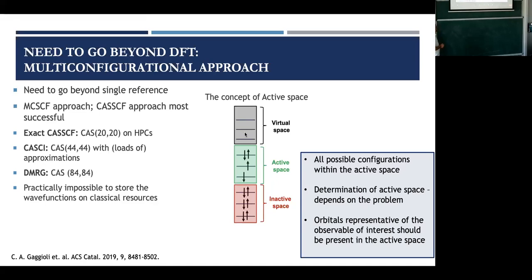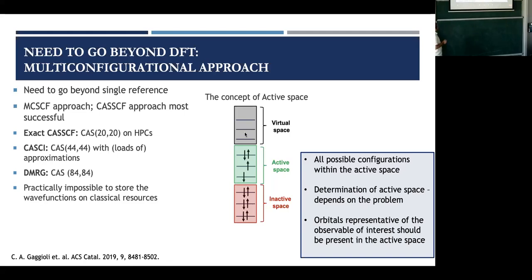But in the active space approach, when the molecular orbitals are doubly occupied, we call it the inactive space, because those lie very low in energy and do not participate in the reaction. Then we have the active space, where we take all possible configurations within this space, and we have the virtual space, which we think does not participate in the reaction.